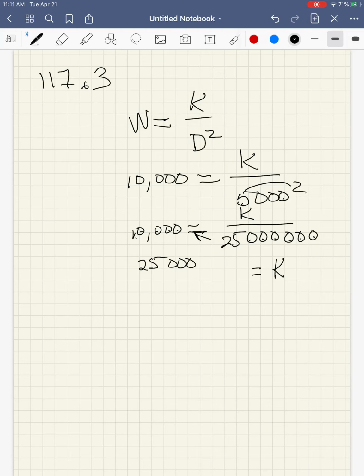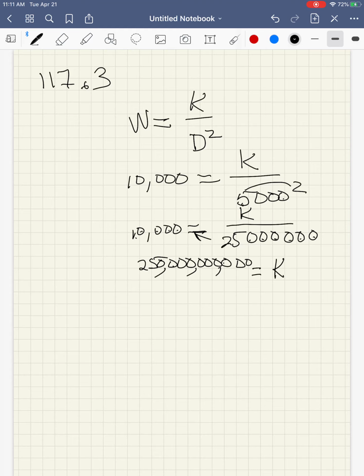I'm running out of room. So that's a really big number. So the constant is, what is that, 250 trillion? Thousands? No, billions, right? Thousands, millions, yeah, 250 billion.